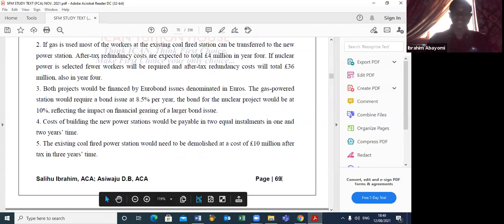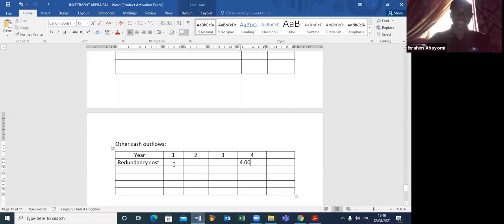So that 600 will be paid twice, in the first year and in the second year. Building cost, we pay 300 here, and another 300 here. Okay, that's that. We go to the next information.